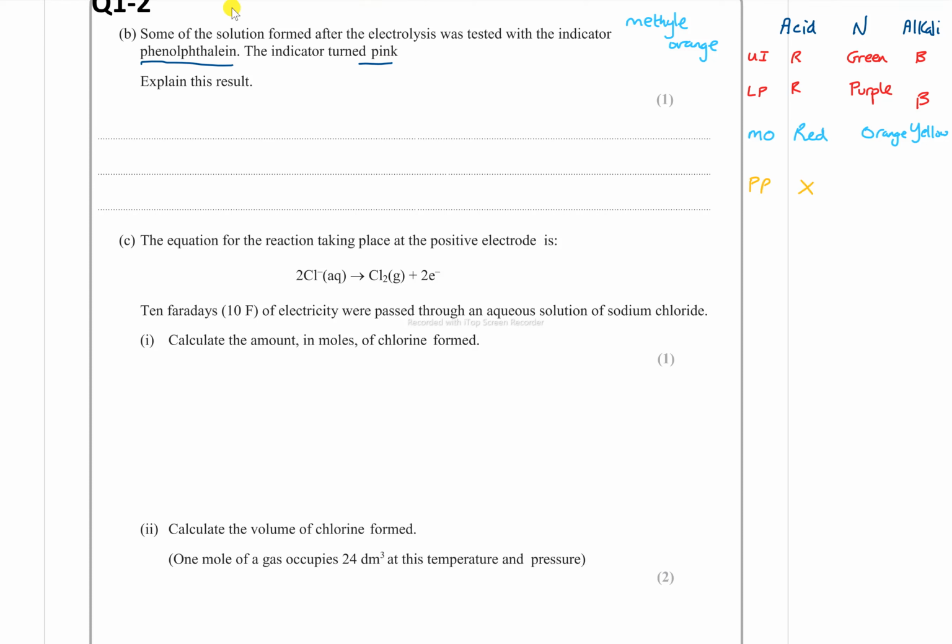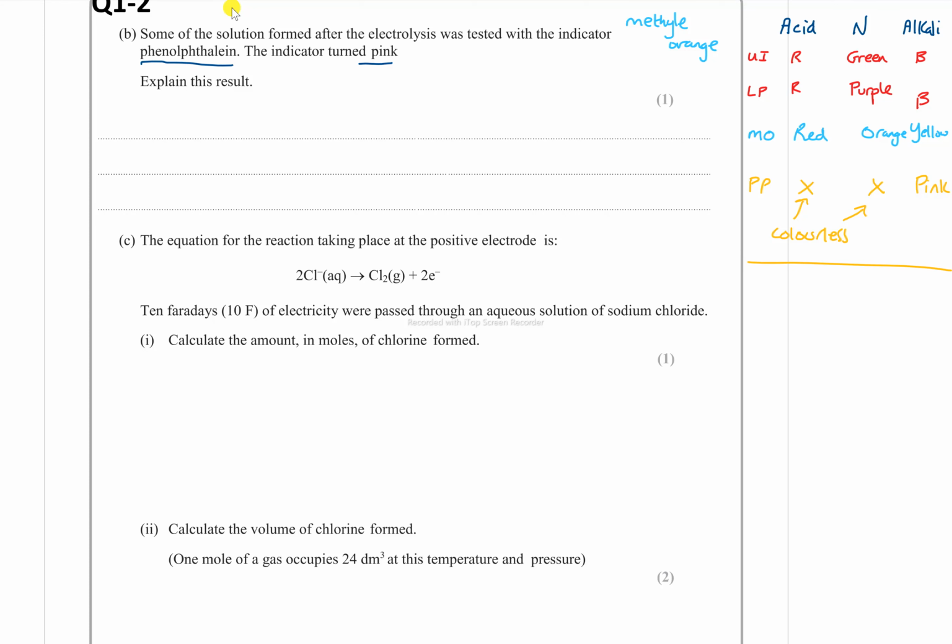I remember it as Pink Panther. You don't say clear, say colorless, and then it turns pink when it's alkali. So that's how you can remember the four indicators. That's only for the higher.